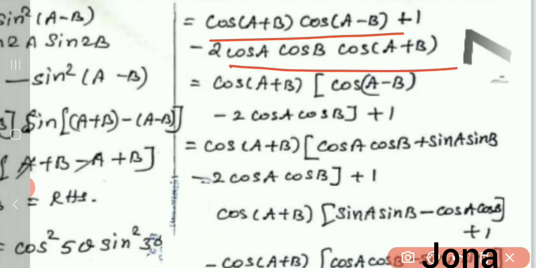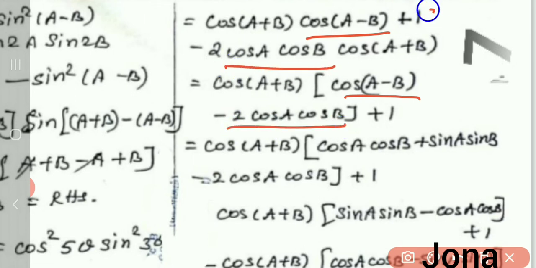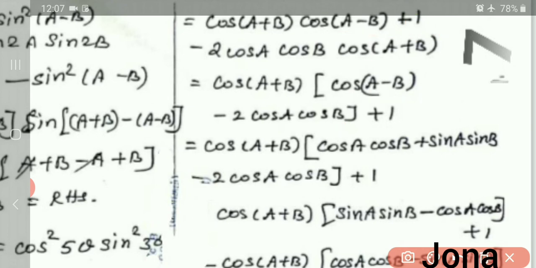And then from these two terms I have the common factor cos of a plus b and cos of a plus b here. So take cos of a plus b as the common factor. The remaining things are cos of a minus b here, and then here 2 cos a cos b is here. This one is the separate term, so keep as it is there.